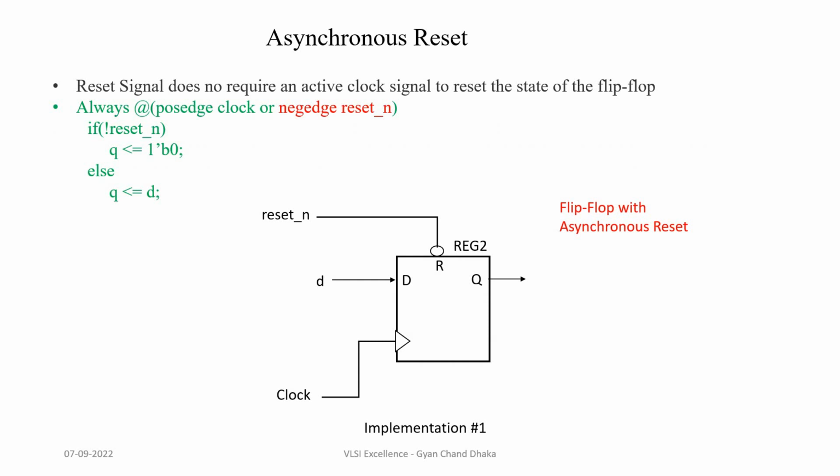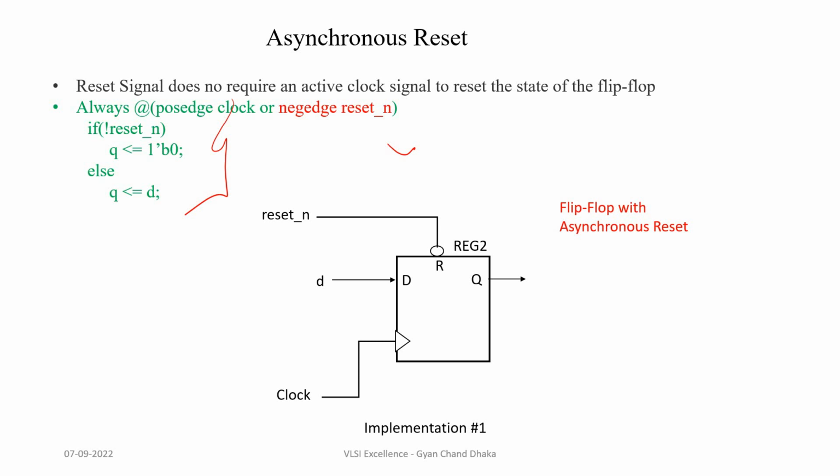Now let's see the asynchronous reset design technique. In asynchronous reset, as you see by the name itself, we do not need the active clock edge to reset the design. Our design will get reset as soon as it receives an active reset signal. So how can we implement the asynchronous reset flip-flop in Verilog RTL?